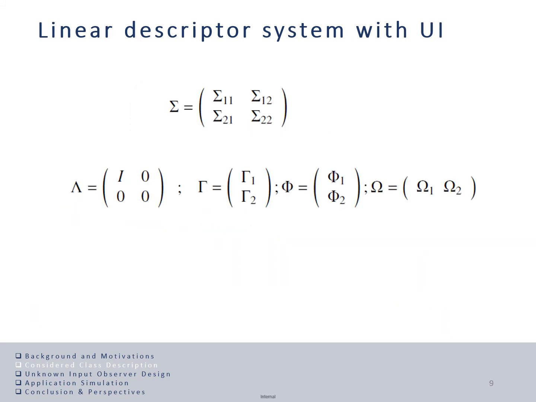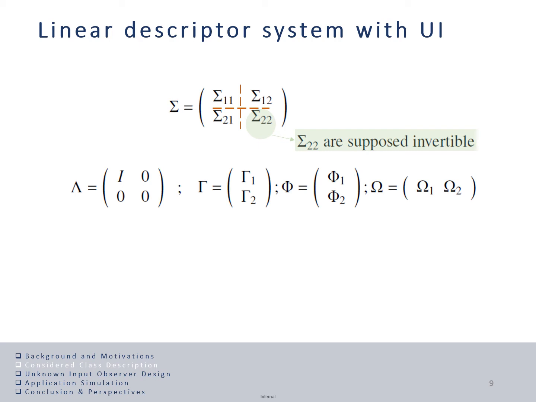Sigma, gamma, lambda, phi, and omega are real known constant matrices given as follows, in which sigma 22 is supposed invertible.